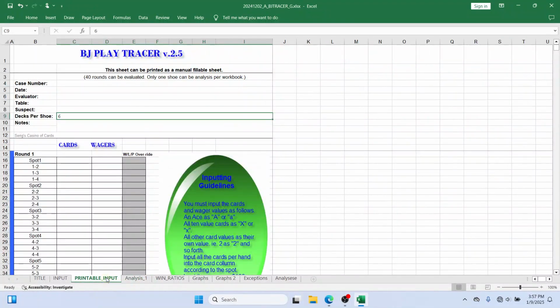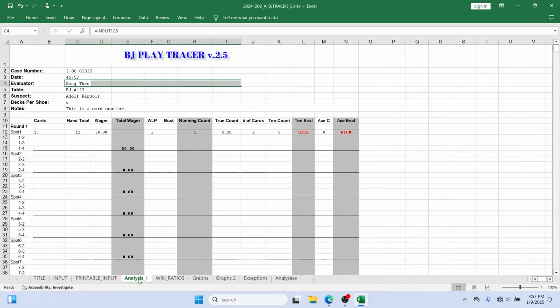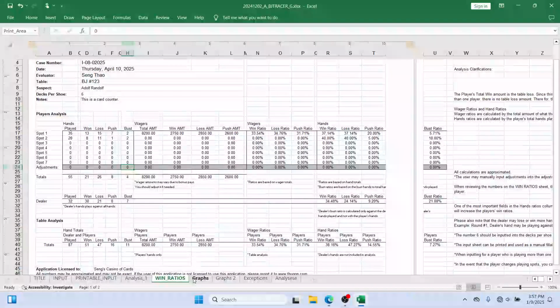It's been used in quite a few casinos. I'm not sure if anybody is still using it, or if they have a different system now, but for in-house, yes, this worked very well. It helped analyze the players, not just advantage players and card counters, but also to explain why a particular player is winning.